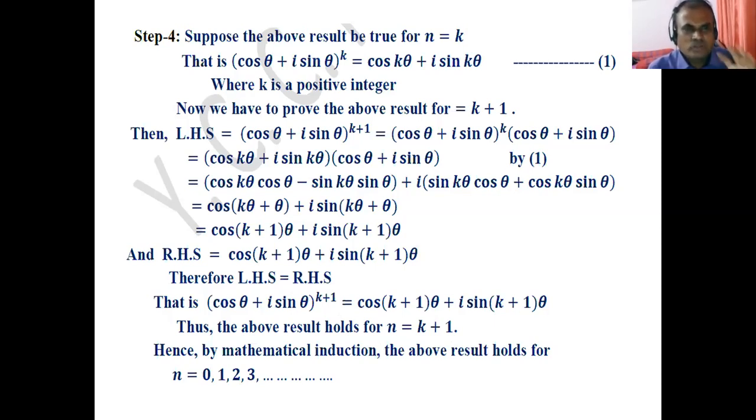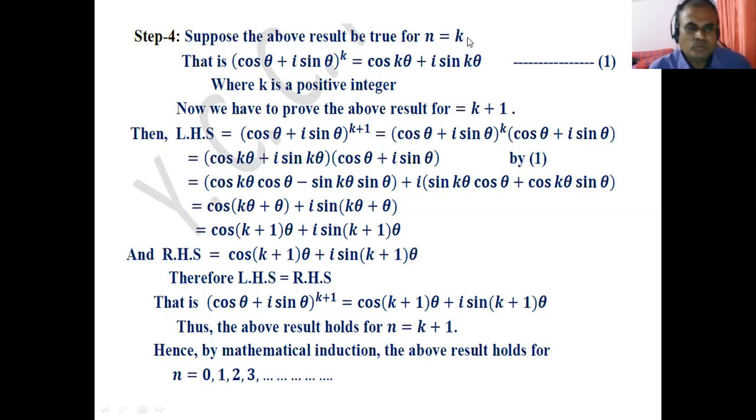So from these 3 steps we make the assumption in step 4. Suppose the above result is true for n equal to any value, and we consider that value to be k.